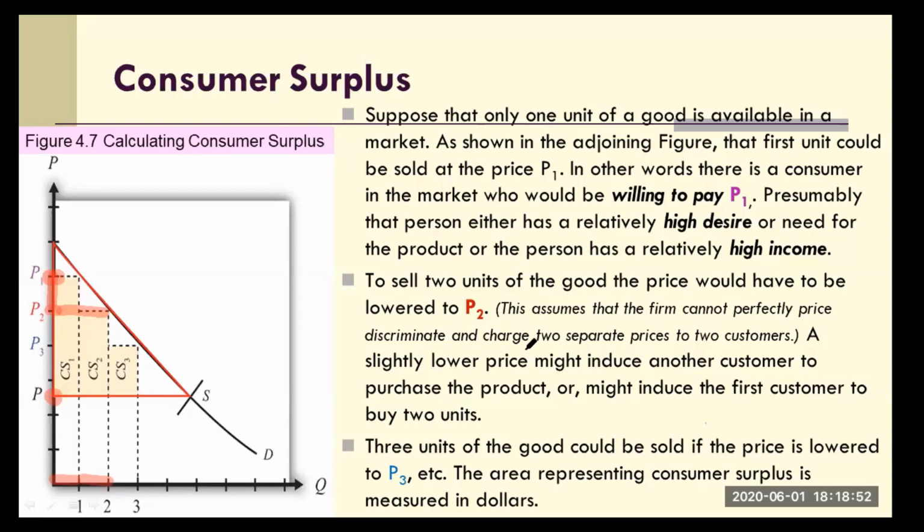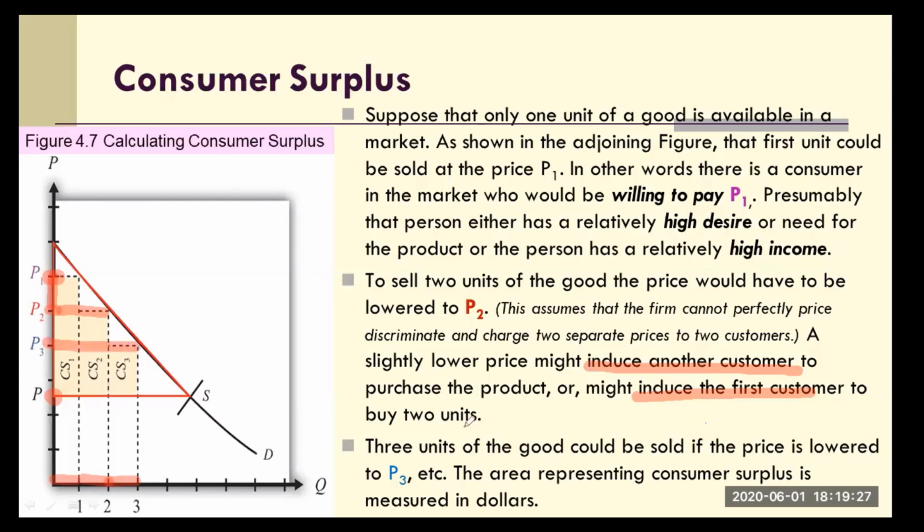A slightly lower price might induce other customers to purchase the product, or even the first customer might be encouraged to purchase because of the decline in price at P2. The third point, Q3, 3 units of a good, could be sold if the price is lowered to P3, at the blue pointers.